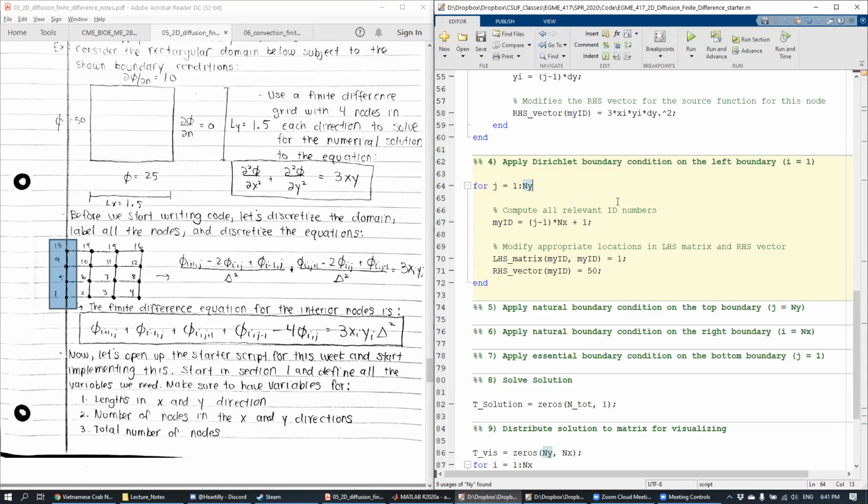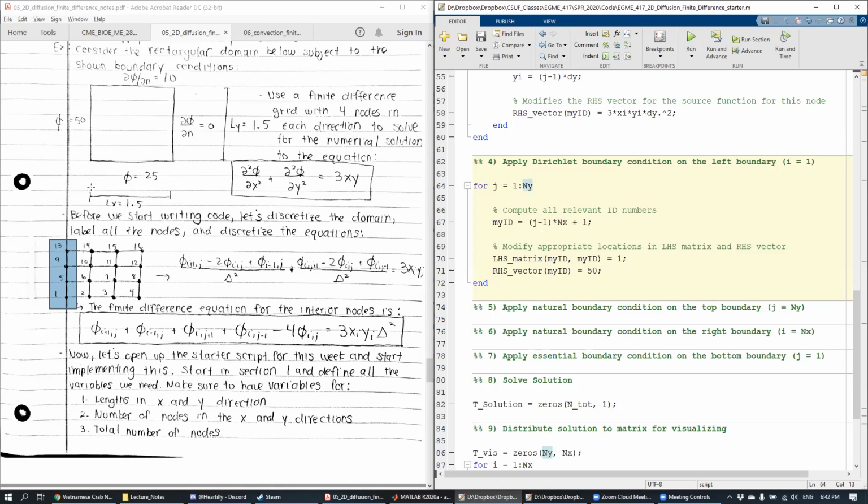Okay. All right, so I'm going to make one small modification here, and that has to do with the corner nodes. Remember what I said earlier: for the corner nodes, we don't really care what they do most of the time, but we don't want to apply boundary conditions twice on the nodes. For sections 5, 6, and 7, we're going to write loops that loop over the boundary nodes, and so we have the potential to visit these boundary nodes twice.